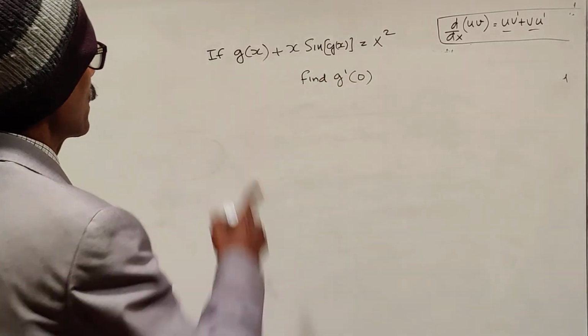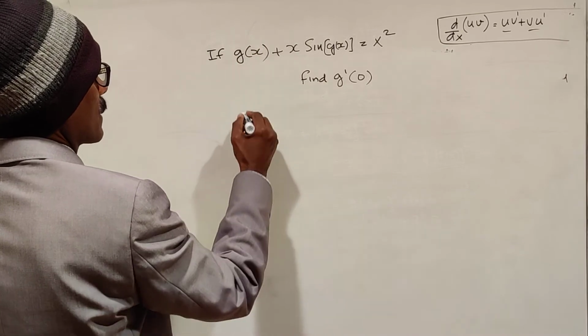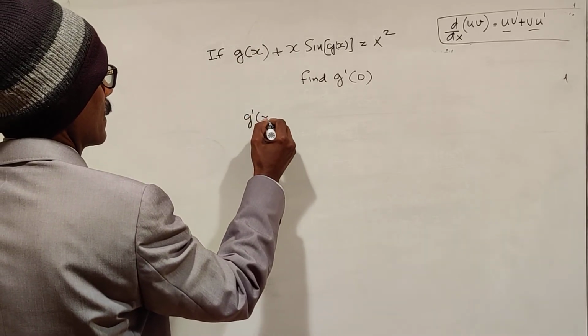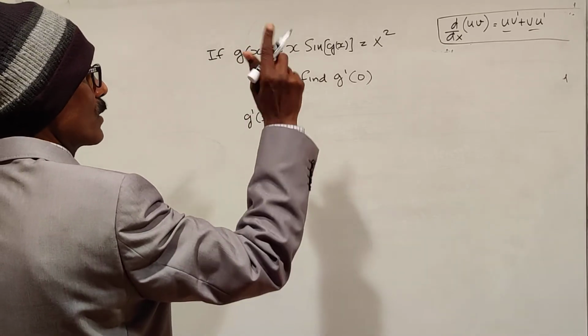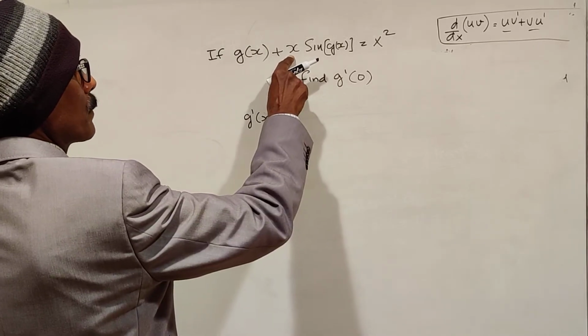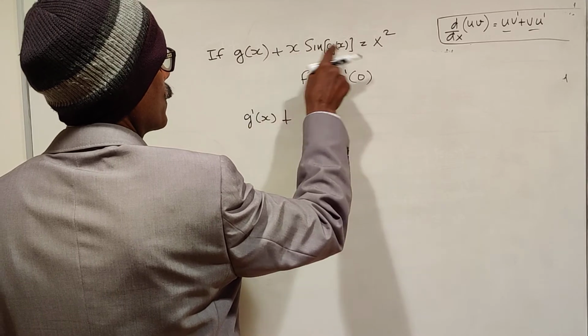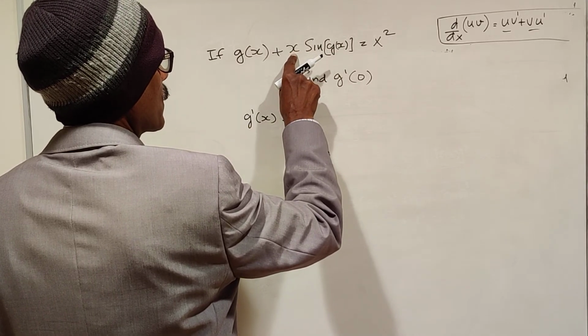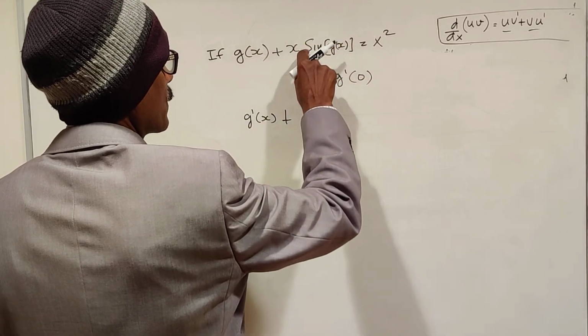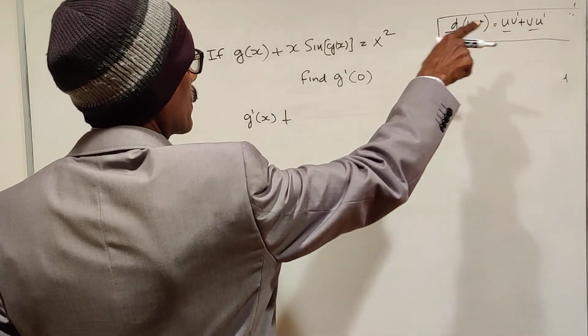Okay, first differentiate. What is the derivative of g(x)? g dash x. Then the derivative of x is 1, you don't need to write that. Here it is a product of two functions: x is the first function and the second function is a sine function. So you need to apply the product rule.